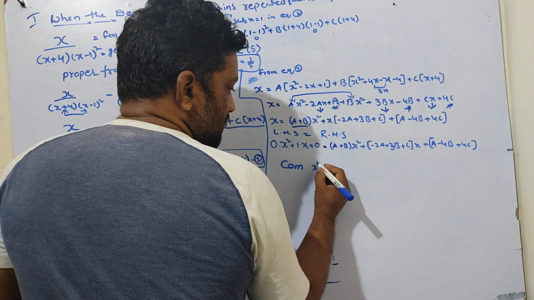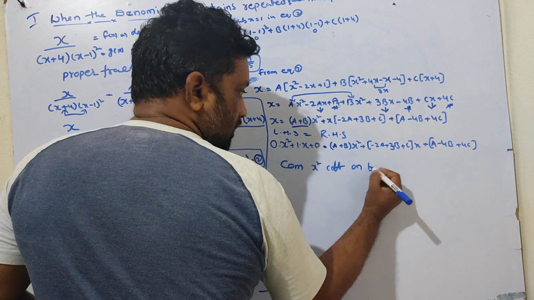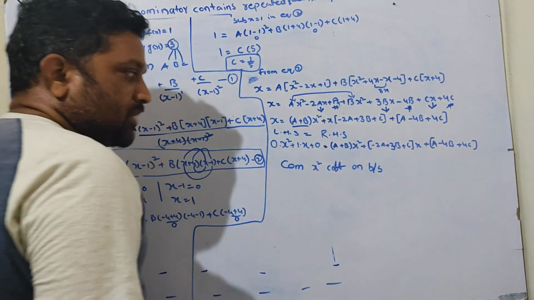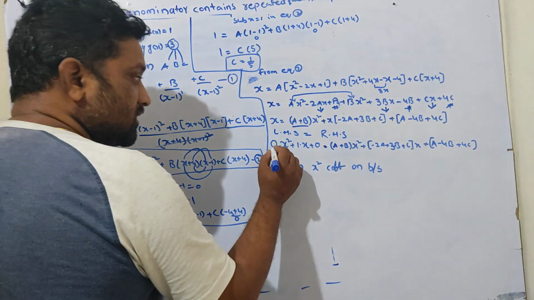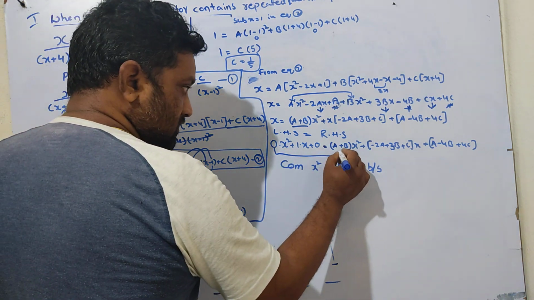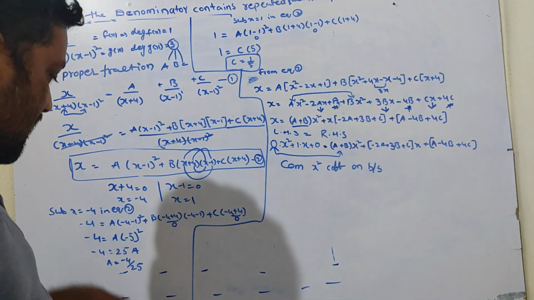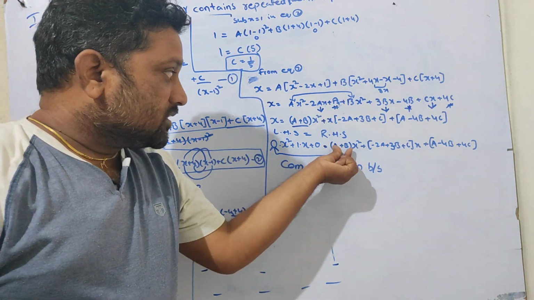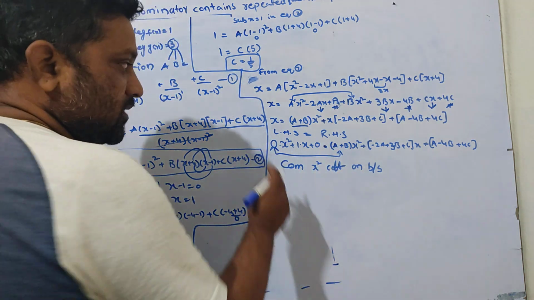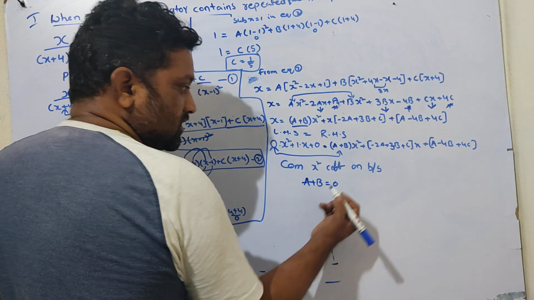Compare x square coefficient on both sides. So x square coefficient here is 0, here this one. Comparing the x square coefficient, we already have the a value and c value. So taking this one, a plus b is equal to 0.